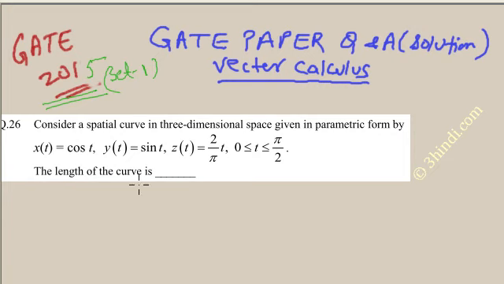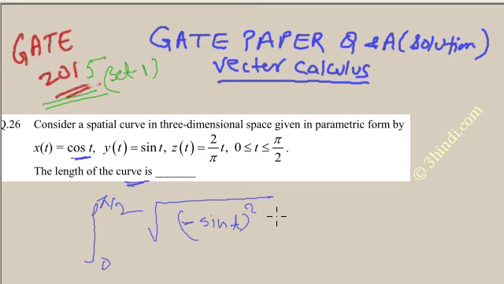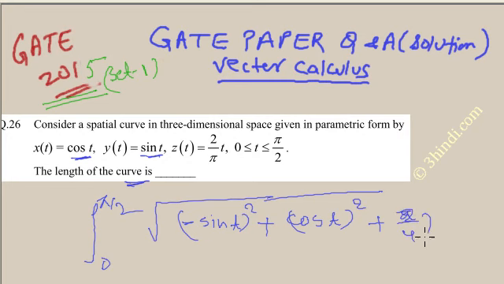You can calculate the length of the curve by using this formula: integration from 0 to pi by 2 of the root over the differentiation of this, so minus sin t whole square, plus the differentiation of this with respect to t, that is cos t whole square, plus the differentiation of this with respect to t, that is 2 by pi whole square, dt.